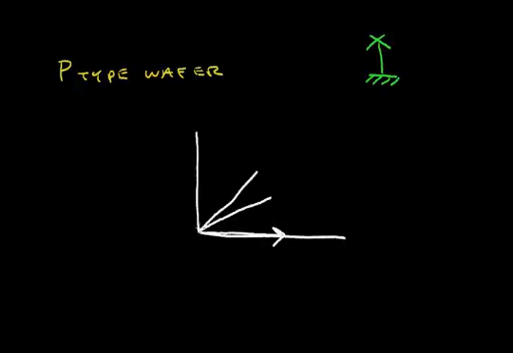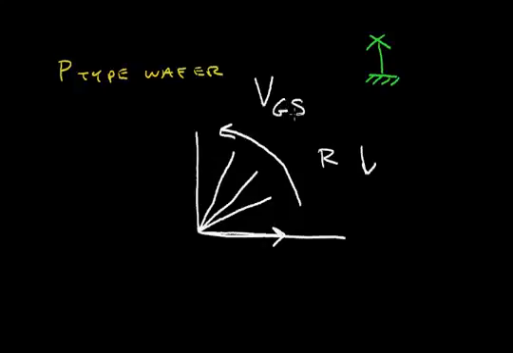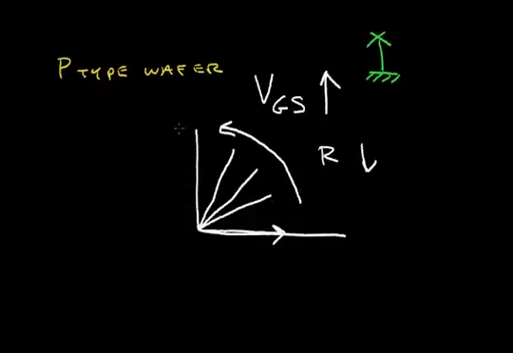And as we increase the gate voltage even further, we drive the channel down and the resistance becomes even less. So in this direction, the resistance is decreasing and our voltage from the gate to source is increasing. So let me label my axes here. This is current in the channel for a very small voltage across the channel that we'll call V drain to source.